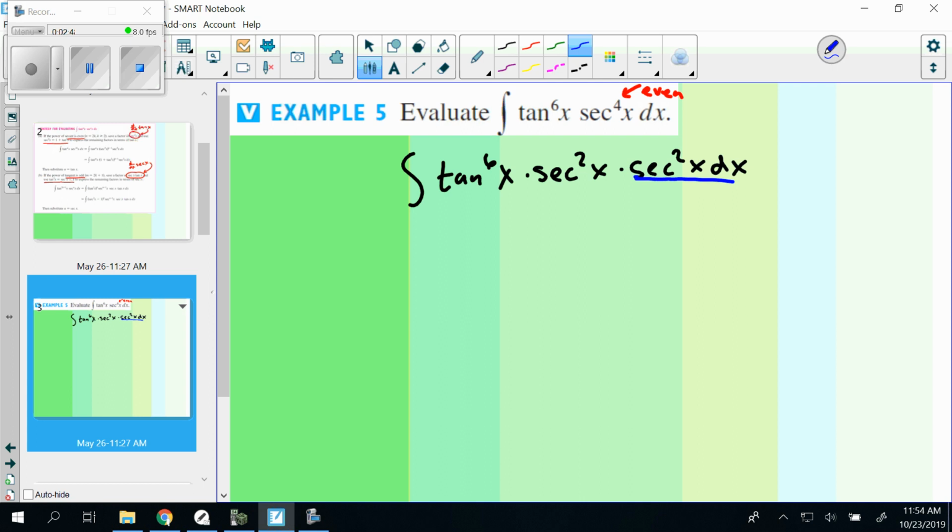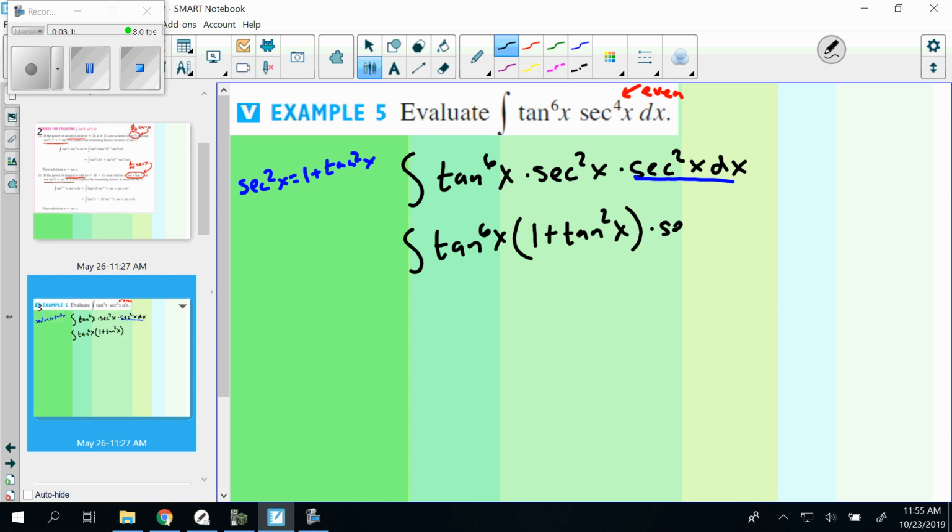What we're going to do then with the rest of the secants is replace it with that trig identity, and that trig identity says that secant squared is equal to 1 plus tangent squared. So we're going to rewrite this integral as tangent to the 6th times 1 plus tangent squared times this last secant squared.